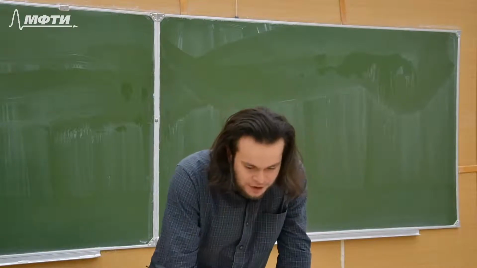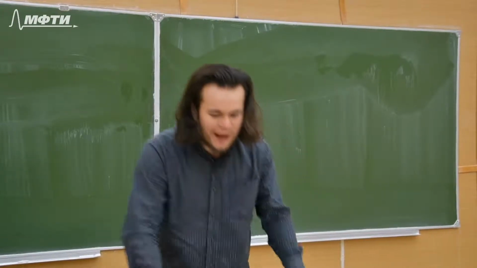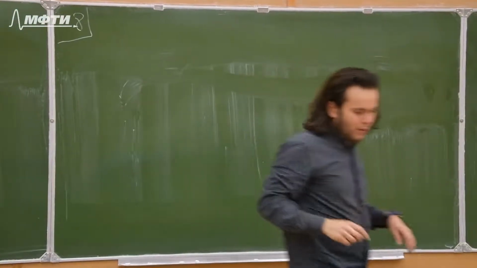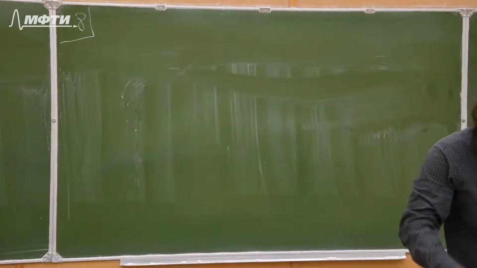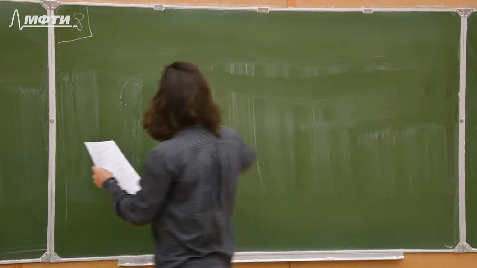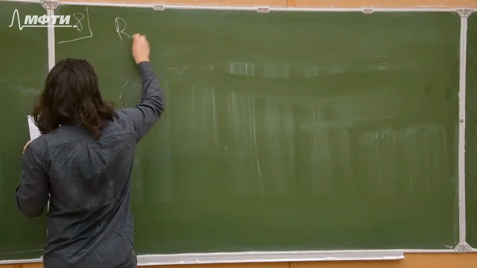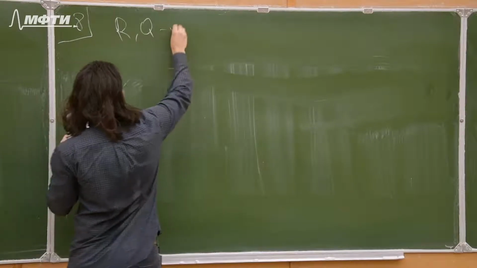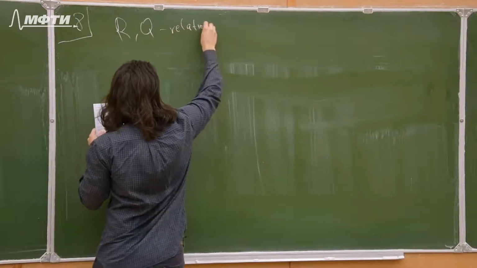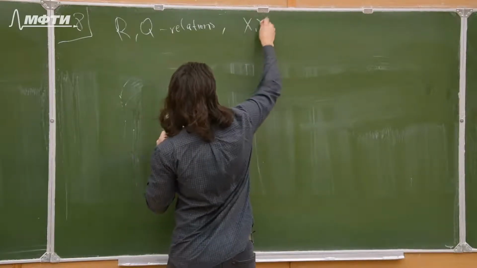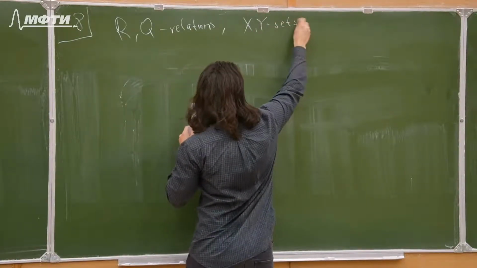So we have to continue with exercise 8, right? And we need to prove, so let me see. We have some relations here, R, Q, and Z. So these are some relations, and we have sets X and Y, right?